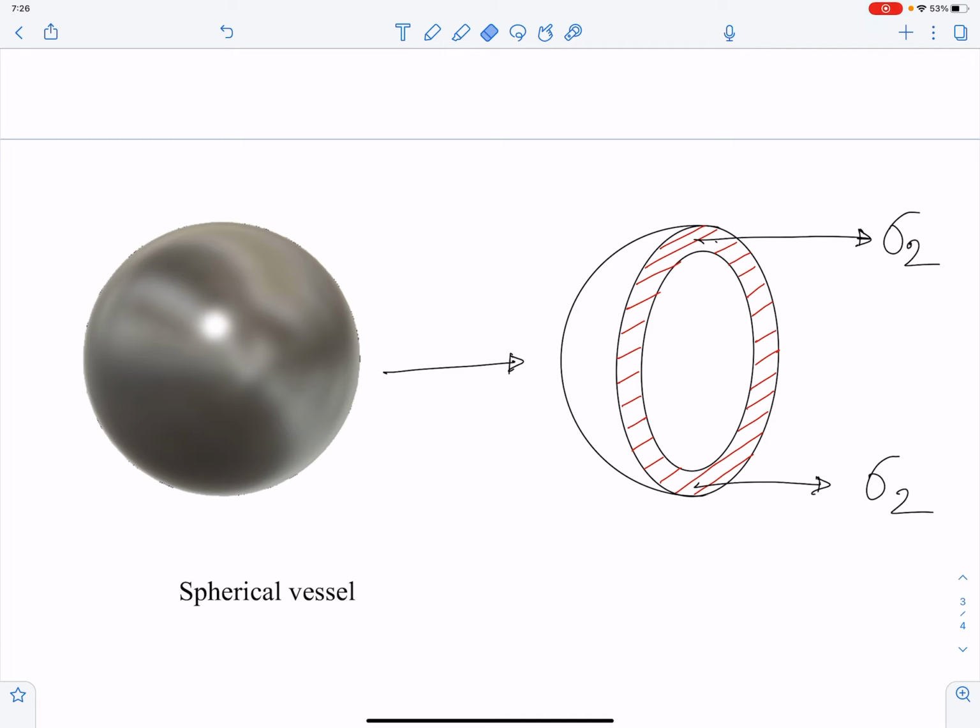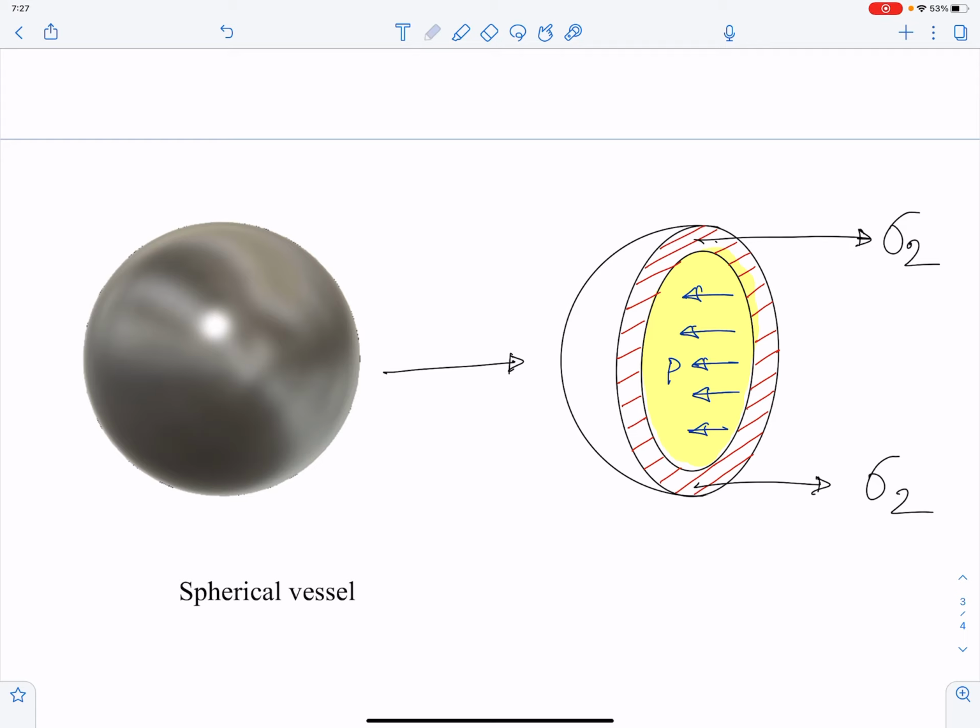And in this cross section, which is a circular cross section here, it is also experiencing the pressure force, right? So it is experiencing the pressure P. Due to that pressure, there will be a force as well.